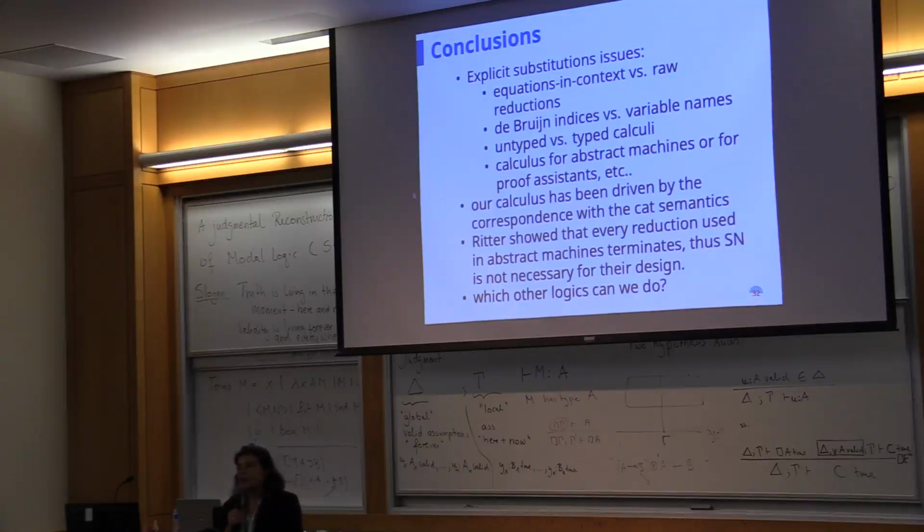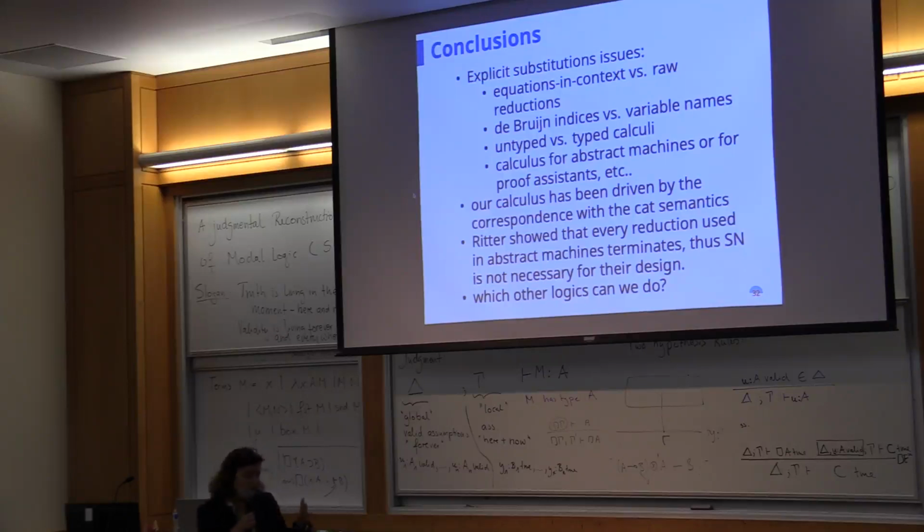And between De Bruijn indices or variable names, actually, I cannot read the De Bruijn number, even if it hits me in the head. So I think for humans the names are much better, but for the computers, it looks like the indices work fine and actually are slightly more efficient. Typed versus untyped, it's again the usual stuff. You can do untyped if you want, but for some properties, you're much better off with the typed.